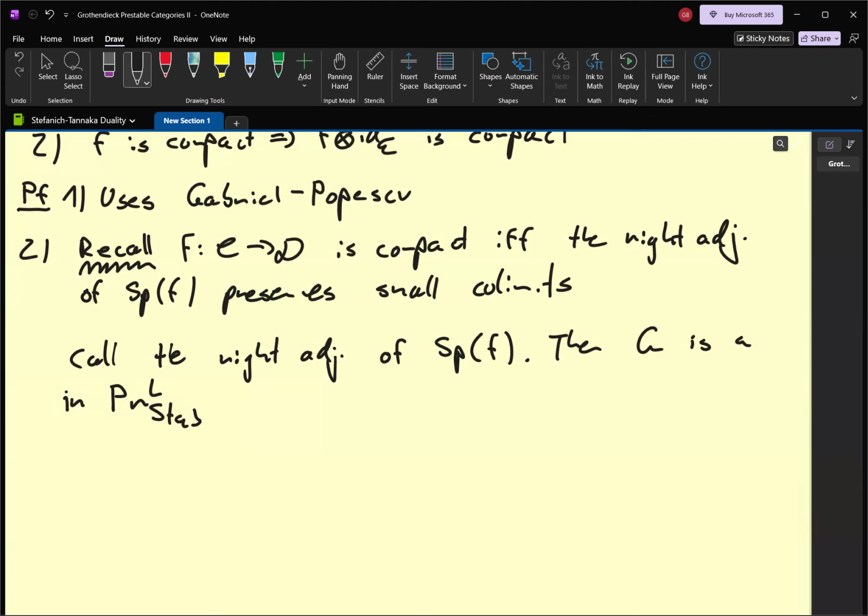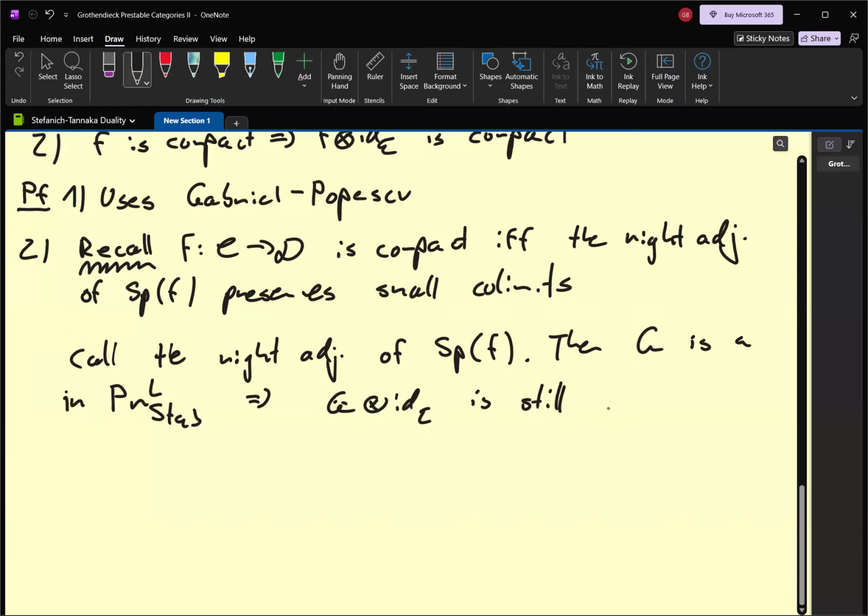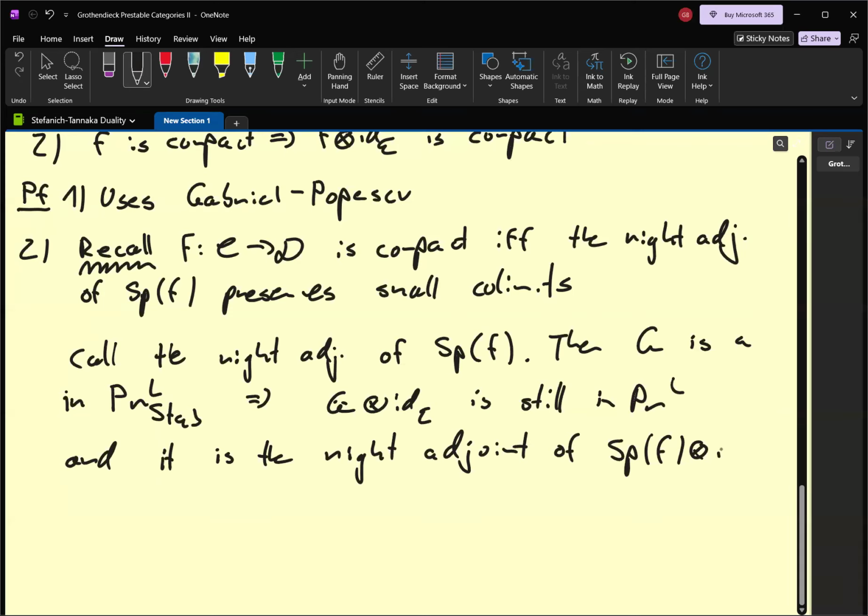So, what does this imply? Well, this implies that we can tensor with SPE. Then G tensor the identity of E is still in PRL, and it is the right adjoint of this guy.